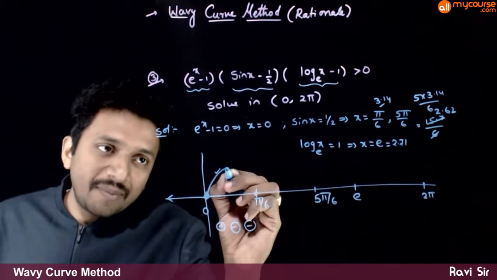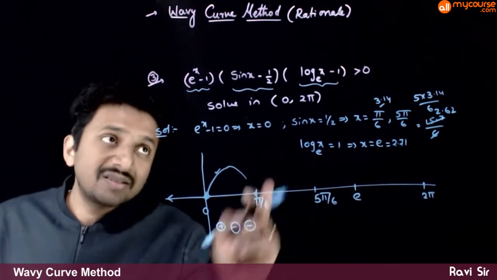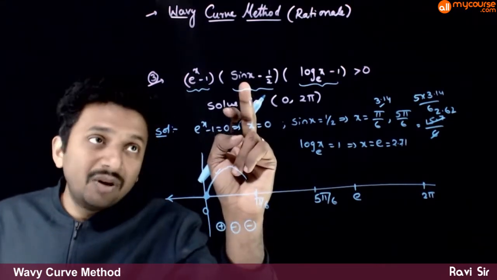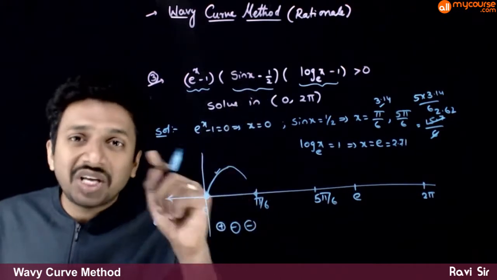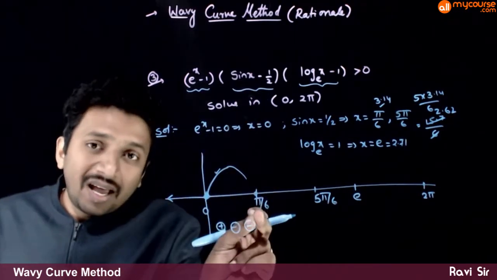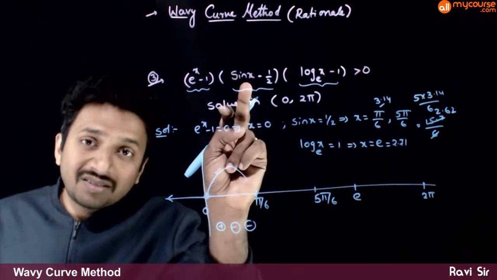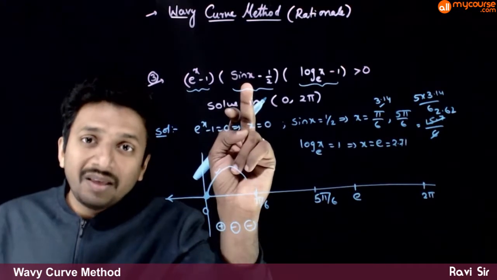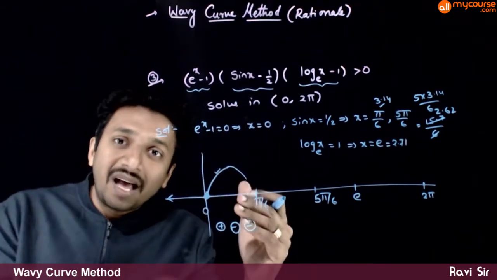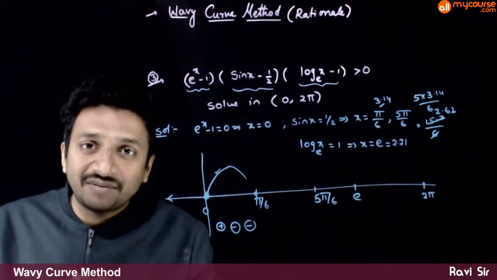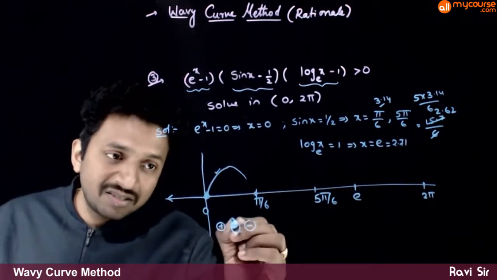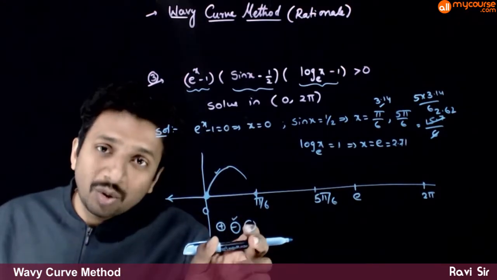Now, what is happening at x is equal to pi by 6? Around x is equal to pi by 6, sin x minus half is changing sign, because at x is equal to pi by 6, sin x is exactly equal to half. After pi by 6, it becomes greater than half. Before pi by 6, it is less than half. So the sign of sin x minus half changes. The remaining signs don't change.